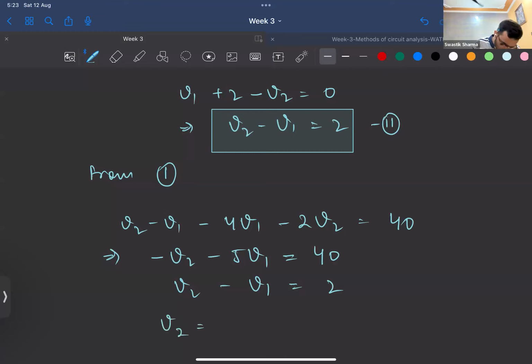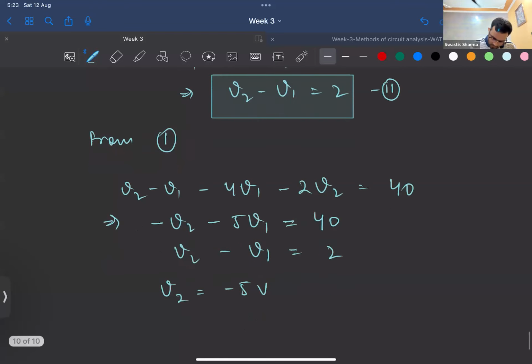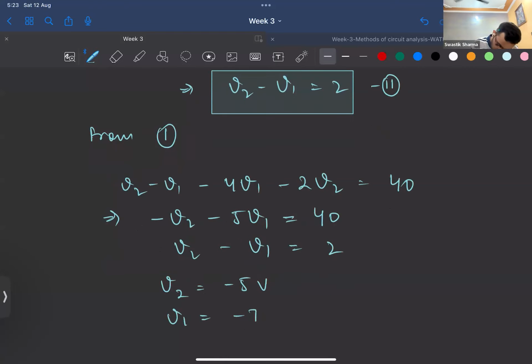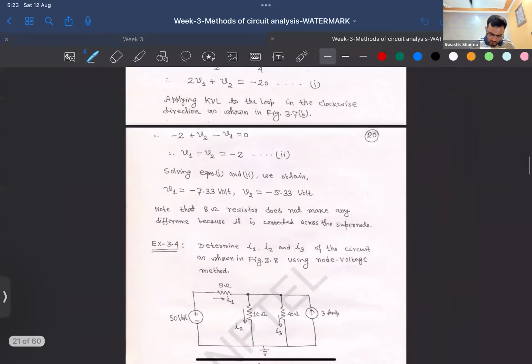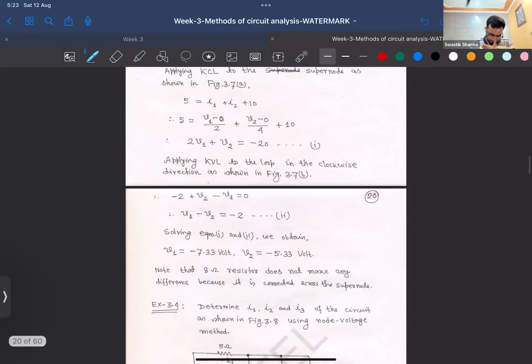So V2 comes out to be minus 5 volt and V1 comes out to be minus 7 volt. Right? Let me see if this is correct. Minus 5.33.